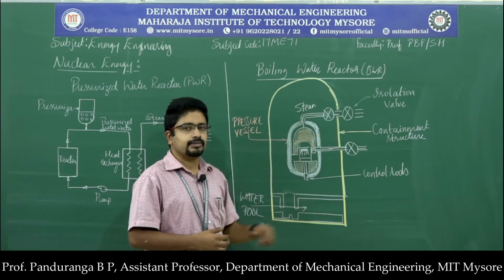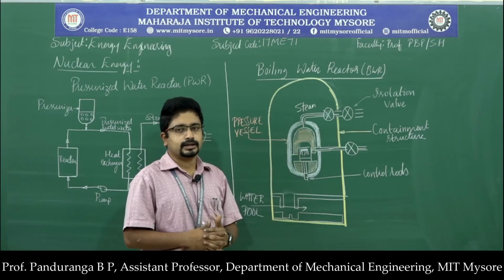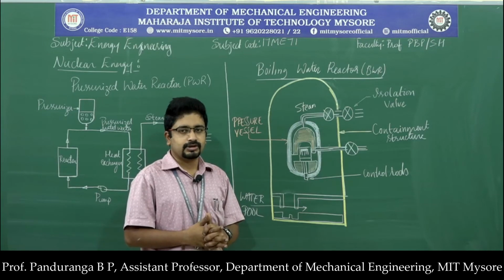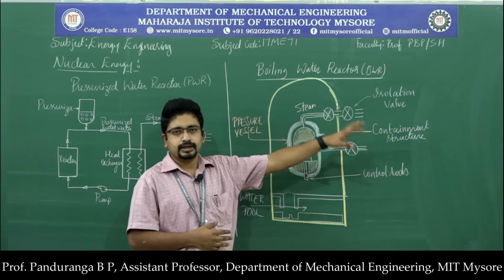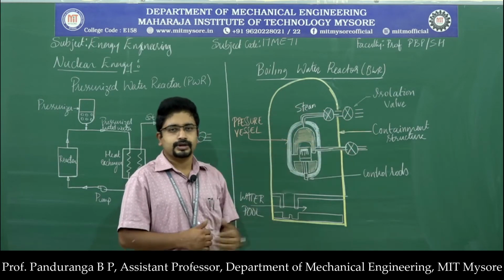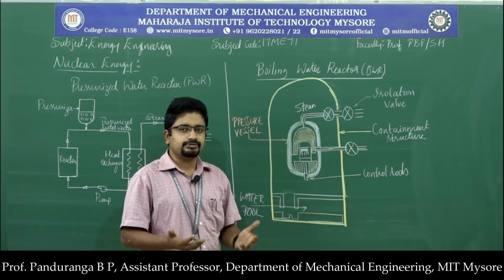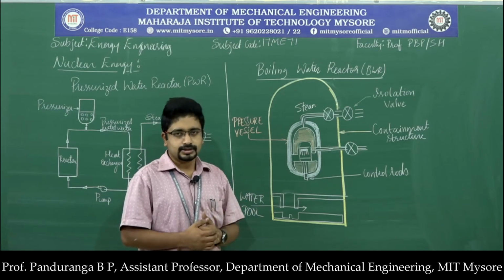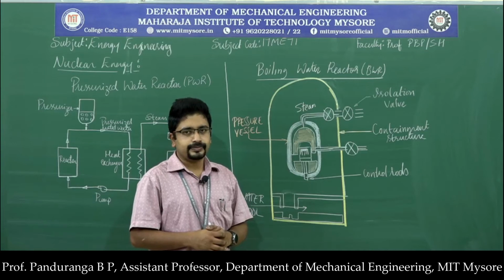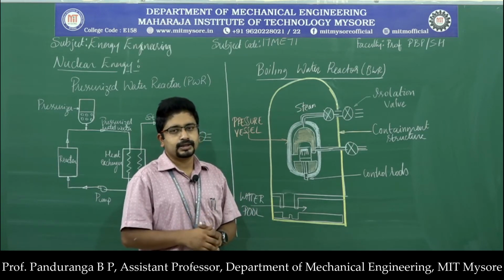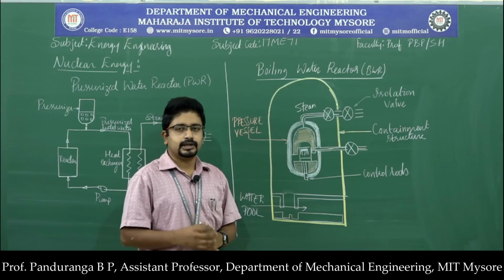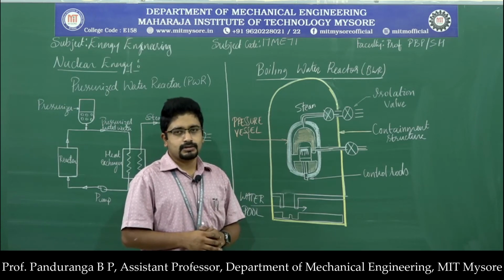So we are providing the best method of cooling the reactor core, but the major disadvantage here is that since we are directly supplying the steam into the turbine, the turbine is also radioactive and cannot be kept outside the containment zone. So that also needs to be kept inside the containment zone, and the condenser also needs to be kept inside the containment zone, and we need to use a closed indirect contact condenser.